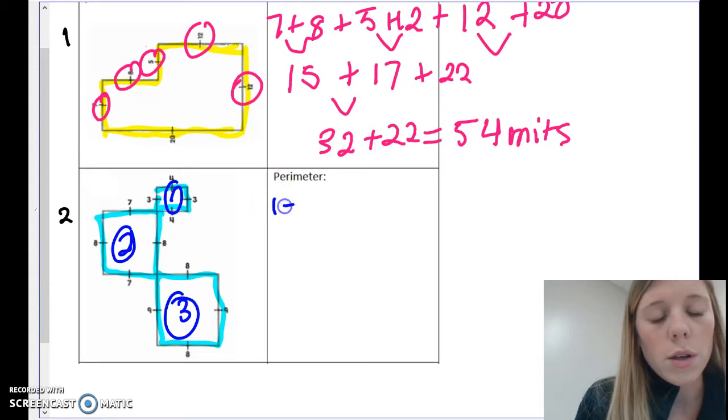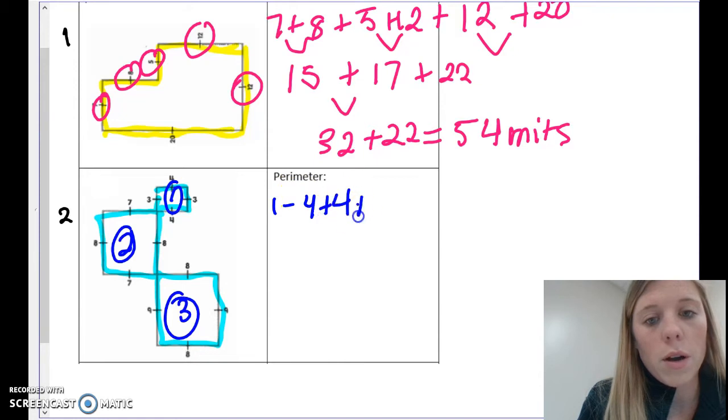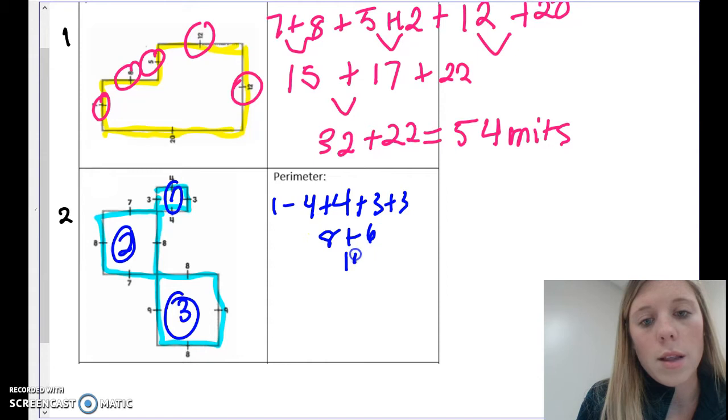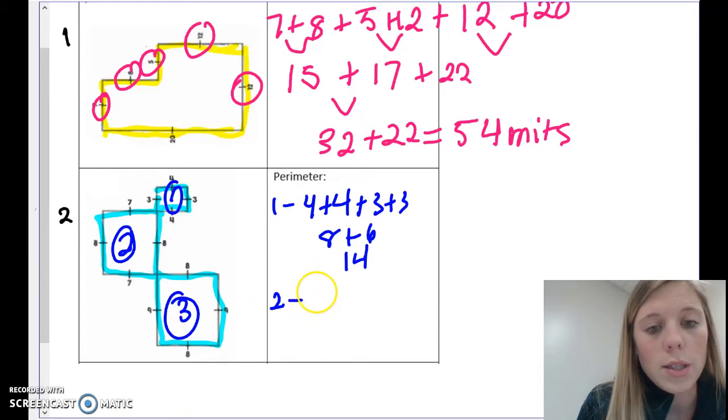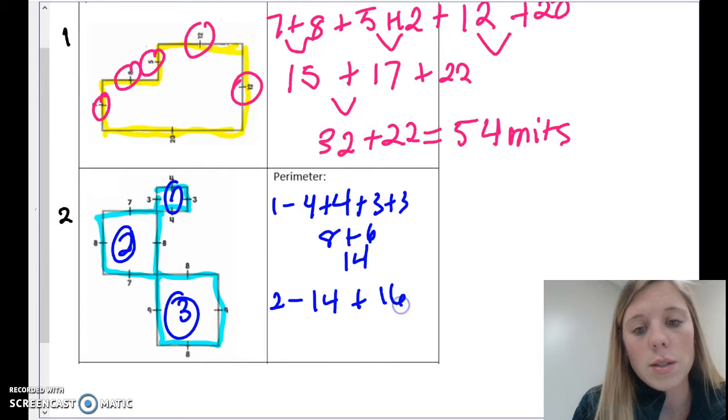So for the first shape, we have 4, 4, and 3, 3. So adding that, that's 14 units. Then adding the second shape here, that's 2 sides of 7, which is 14, 2 sides of 8, which is 16.